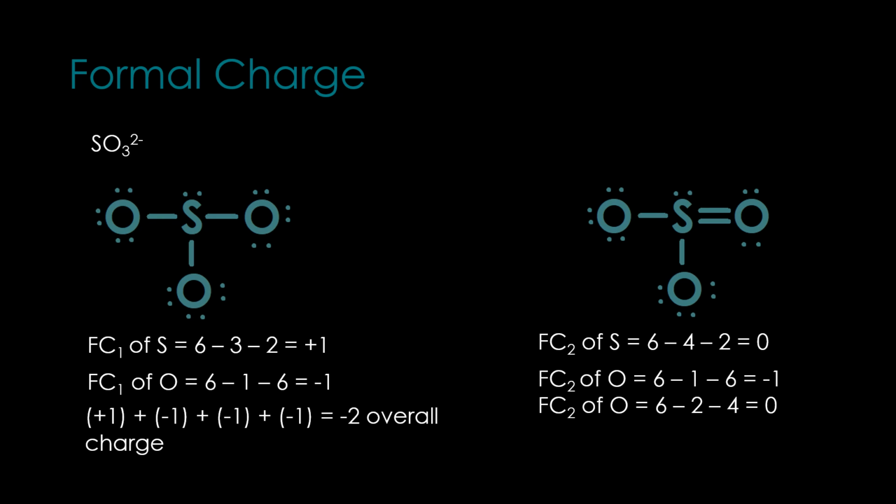The overall formal charge of this structure is also -2, which makes sense because it is the same as the ion charge of the compound. Comparing the formal charges on this structure to the first structure, this second structure has a greater number of atoms that have a 0 formal charge, which makes it the preferred Lewis structure.